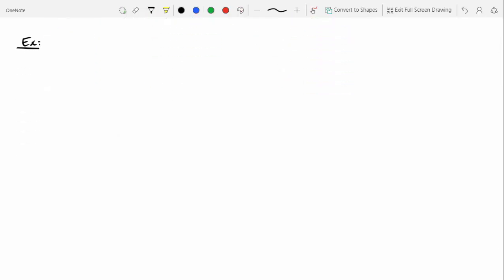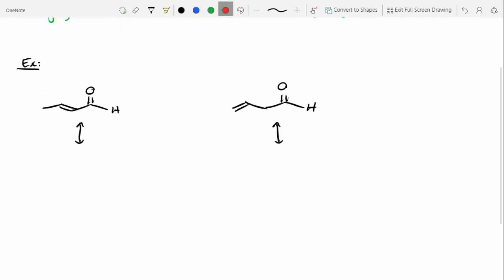In the first example I have, I want you guys to help me draw the resonance structures for this compound versus this compound. What do you guys think? They have resonance structures. So let's get started with the one on the right.